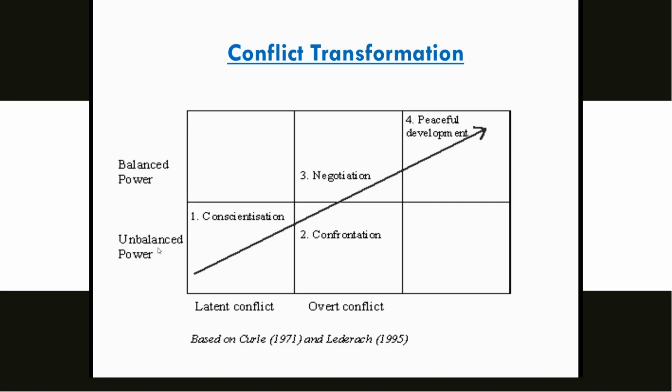So power balance is very important. If we try to achieve conflict transformation, this power balance has to come first, because the powerful do not want to yield or compromise, right?